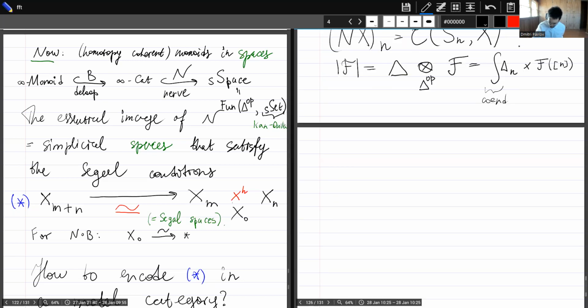The universal property is basically very easy. In general, to talk about coends, you will consider a functor of this form.